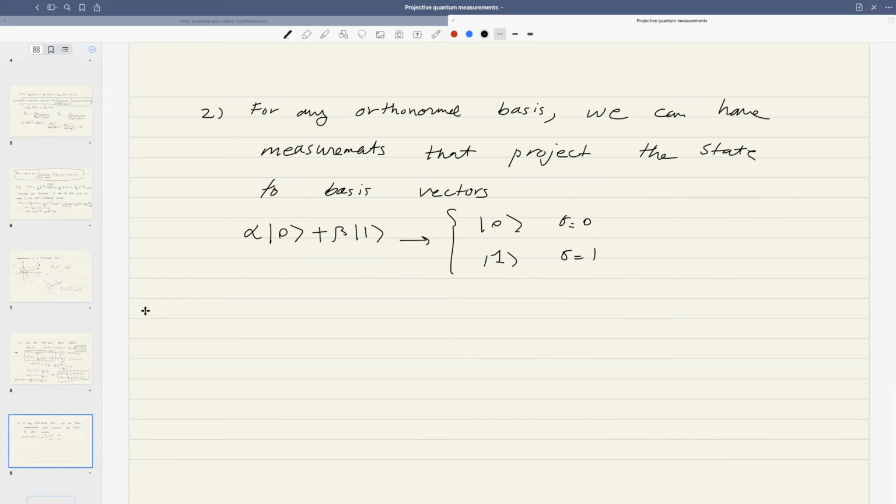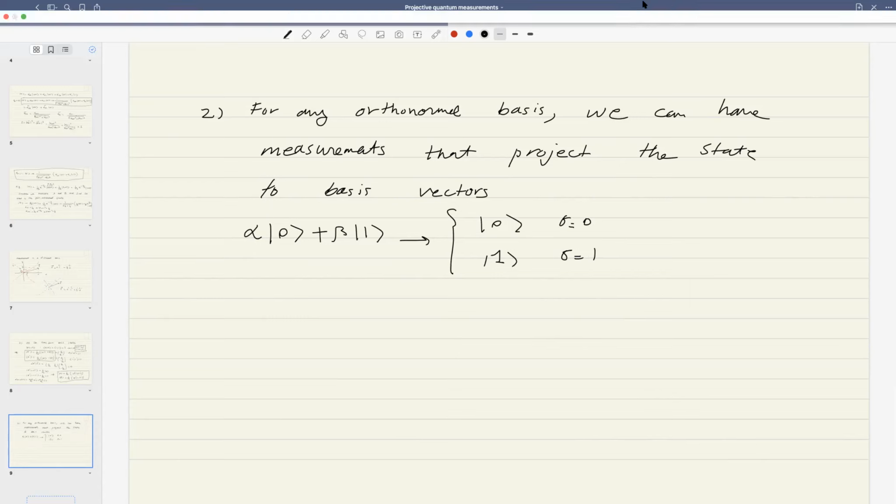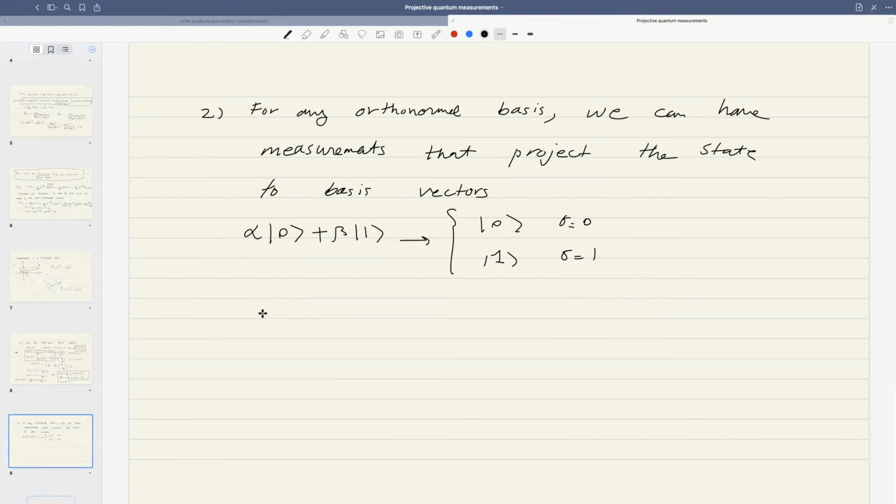Similarly, you can imagine performing a different measurement with respect to a different basis, such that the result of that measurement projects this vector onto this different basis.